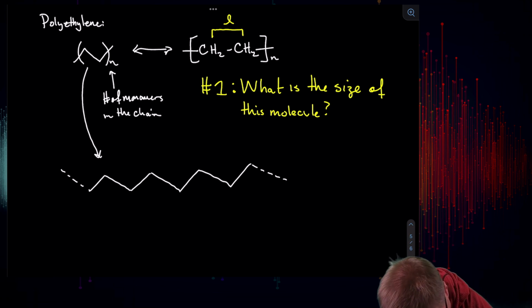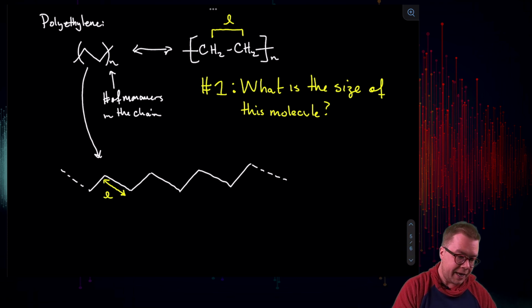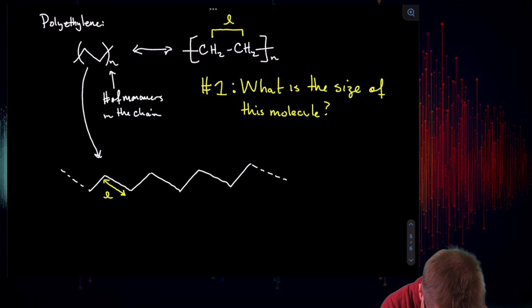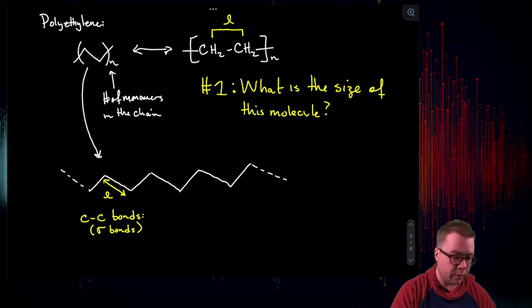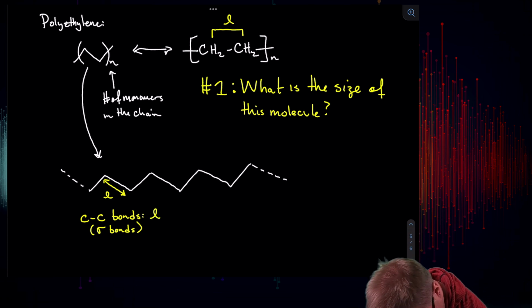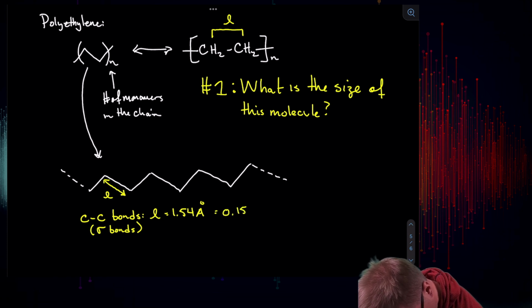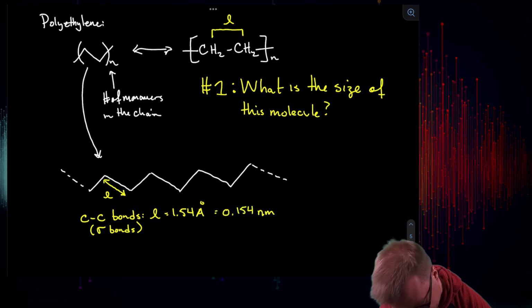So that means that each one of these CH2-CH2 bonds here will have a size L. And actually, for carbon-carbon bonds, I should say probably sigma bonds, for carbon-carbon bonds, that length, L, is about 1.54 angstroms, or 0.154 nanometers.